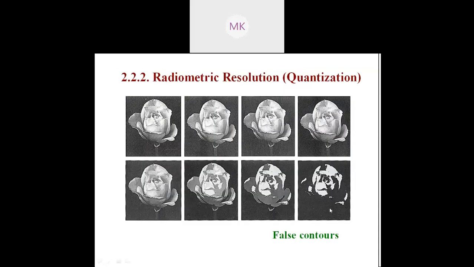Next is radiometric resolution, where we perform the quantization. Quantization means we perform the discretization along the amplitude. That means we quantify the intensity. Suppose this is the original image.